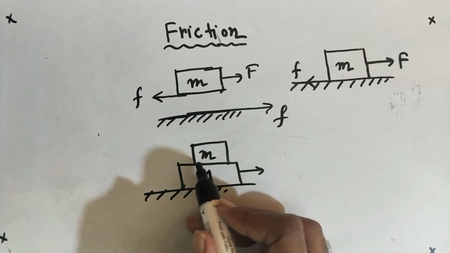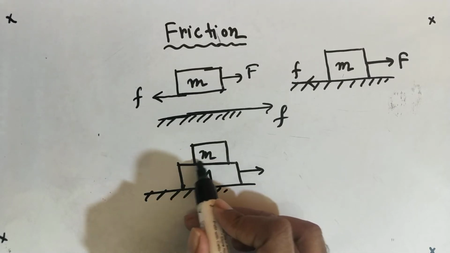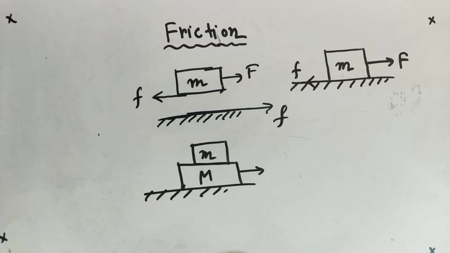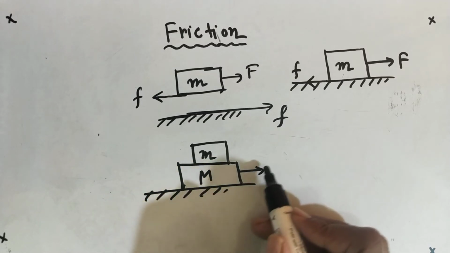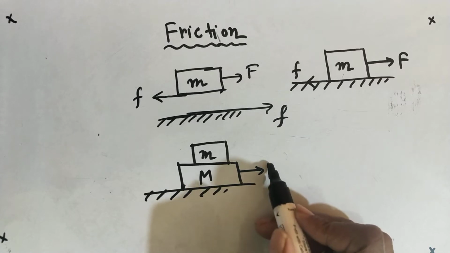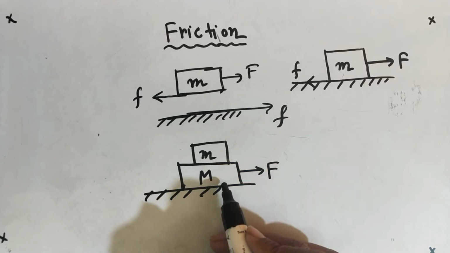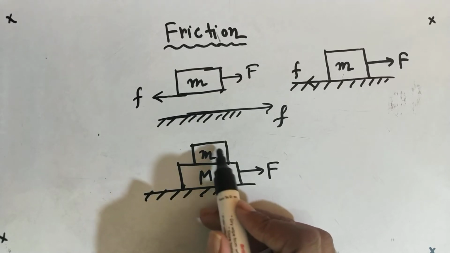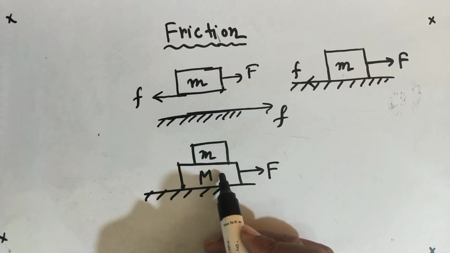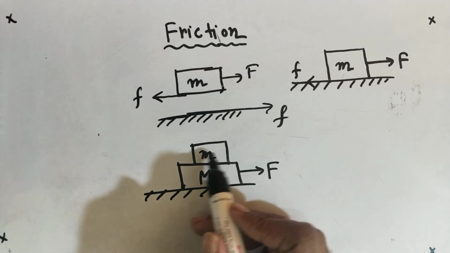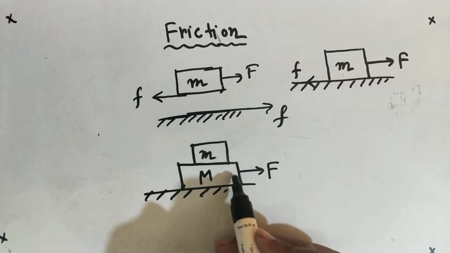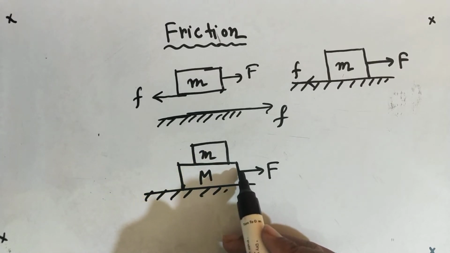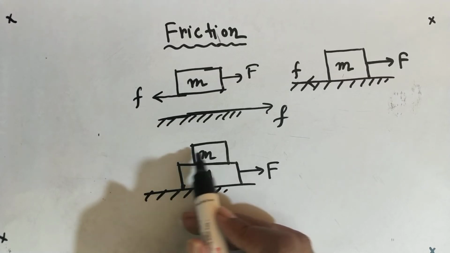If we talk about the frictional force between these two surfaces, what will happen? As soon as you apply the force on this block, instantaneously the tendency of movement of this block will be in the backward direction with respect to the mass capital M. At the very beginning, the relative motion of this block with respect to this block will be in the backward direction, so it will tend to move in the backward direction.